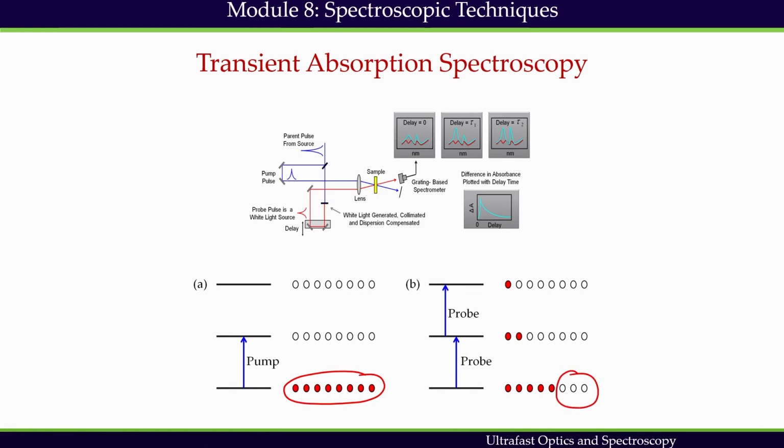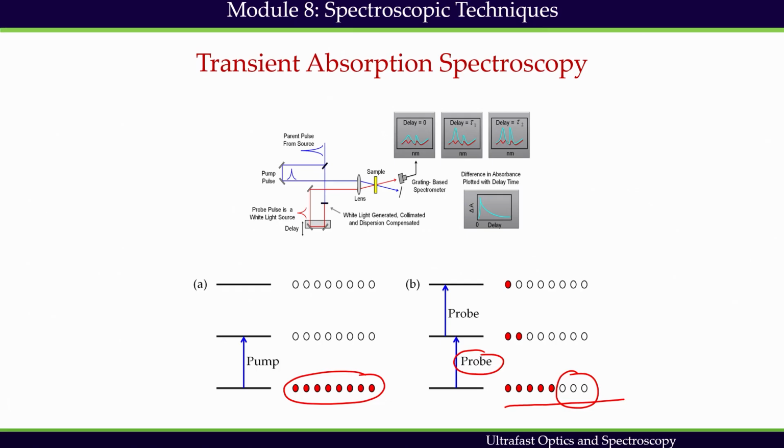Hence, there is less ground state absorption of the probe in the excited state sample. If the probe is trying to probe the ground state absorption, then we see a dip, or less absorption by the probe.